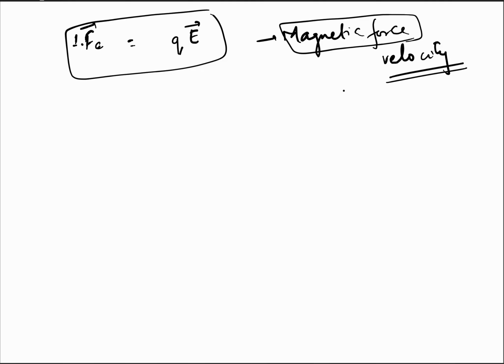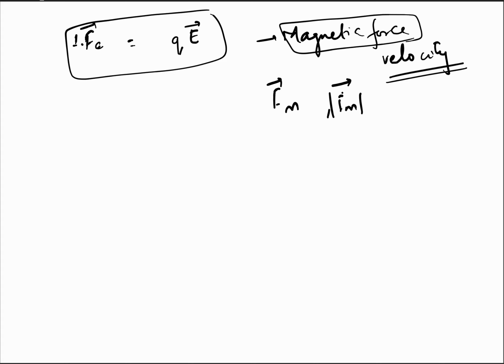So at any particular point in space, both the direction of this force as well as the magnitude of this force depend on the direction of the motion of the particle, that is, how fast it is moving.